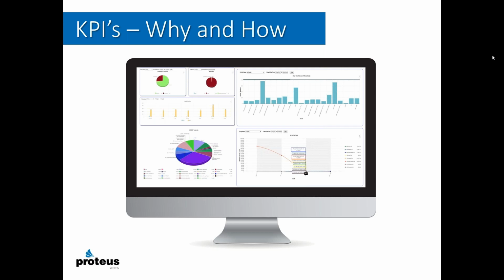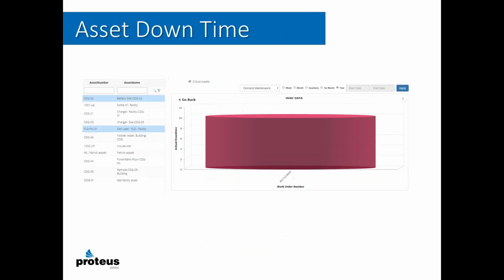The question becomes, is the cost of that person worth the time and effort to keep them on the staff for the 10% of the time that they're actually doing work that they're qualified for? I can look at work orders by different priorities and by different locations. So let's take a look at some of the KPIs.